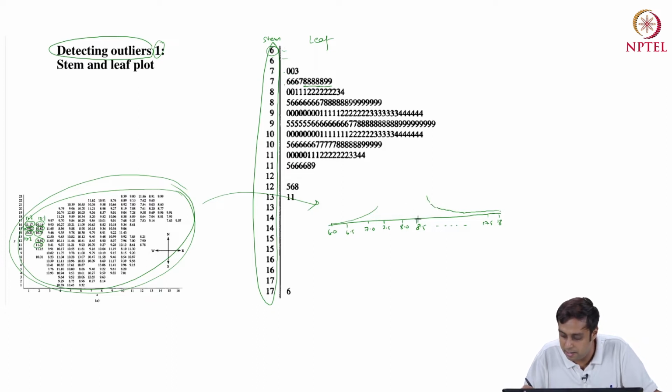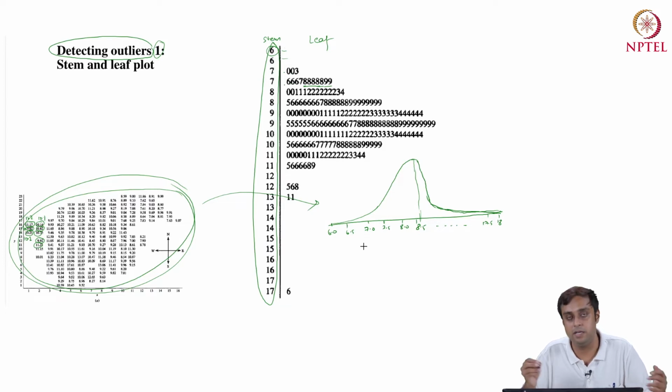You have a mean around 9 and 10, so you have a large distribution mass around there, and then it starts to decline, and this dies out to the right. Okay, I've not done a good job of plotting the histogram, but the density will be skewed to the right.